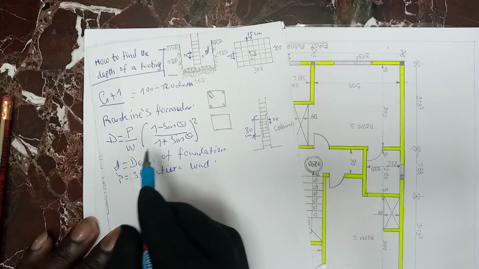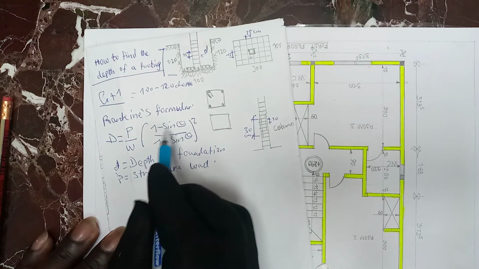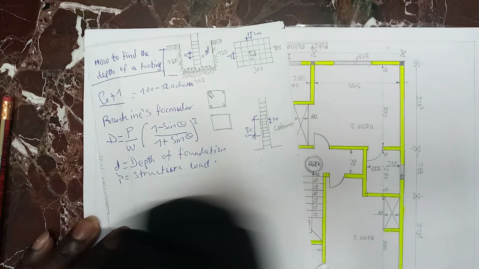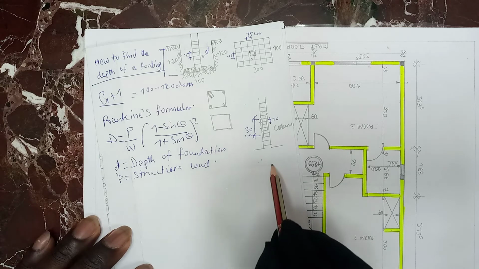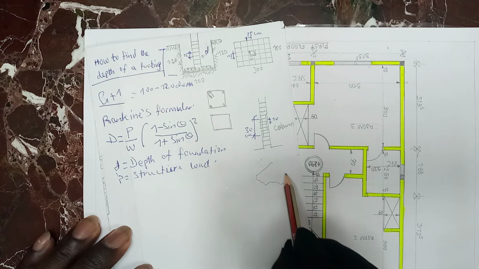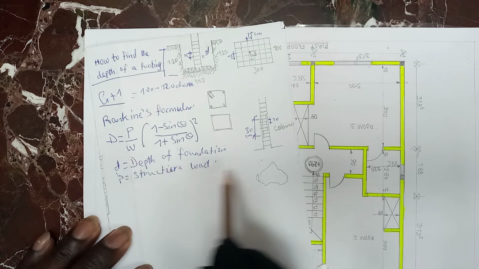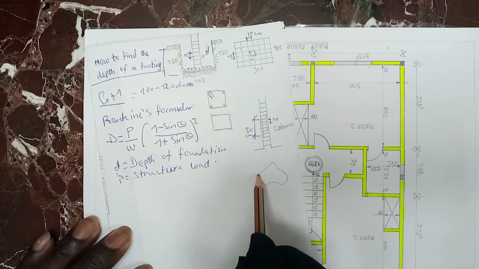Then for this 1 minus sine theta: the ground is not at a perfect level, so the ground can be like this. This angle is called the angle of repose.